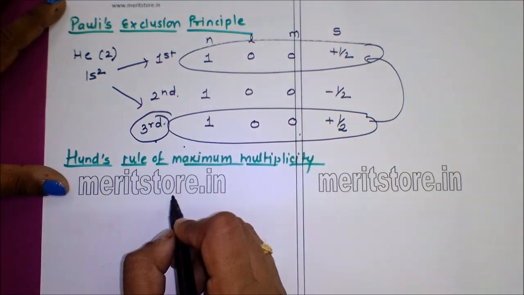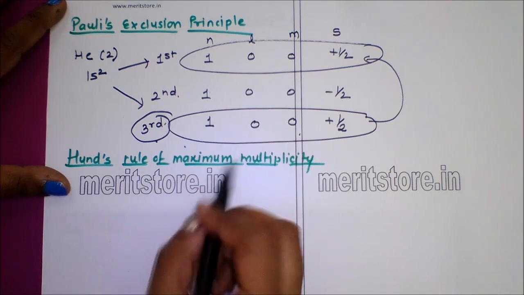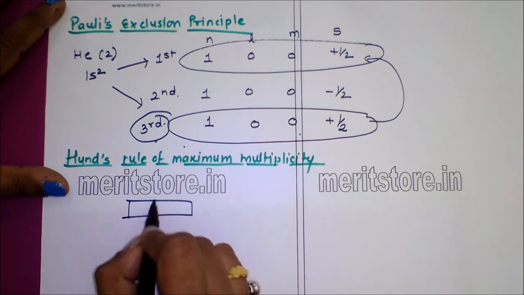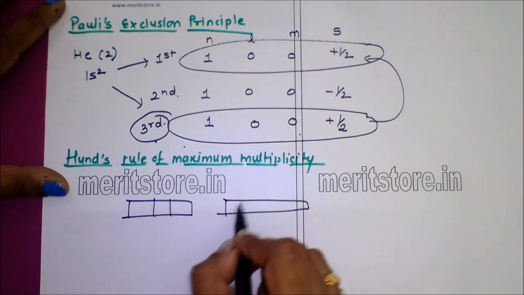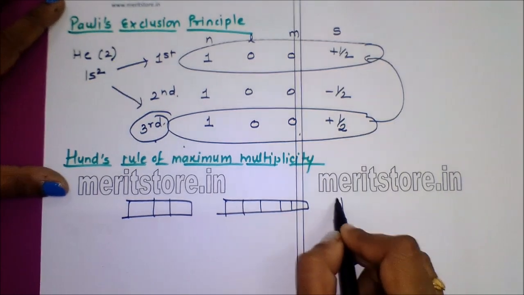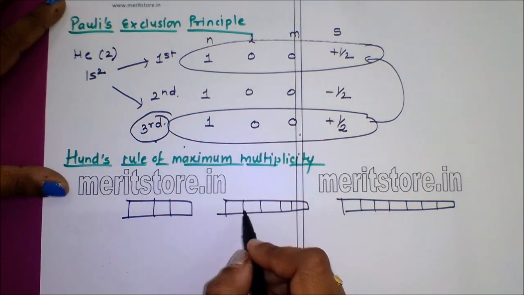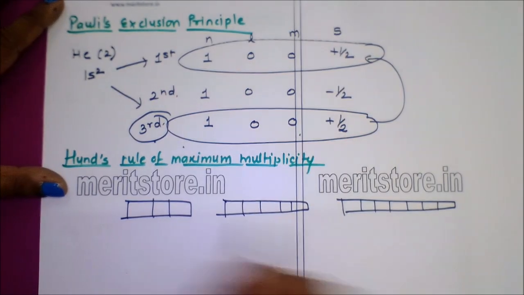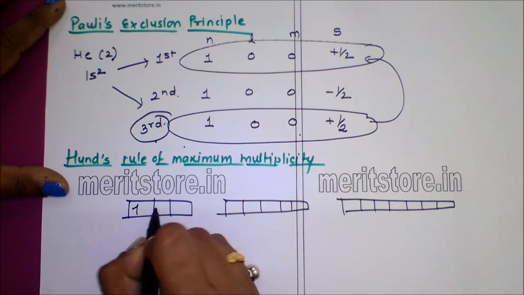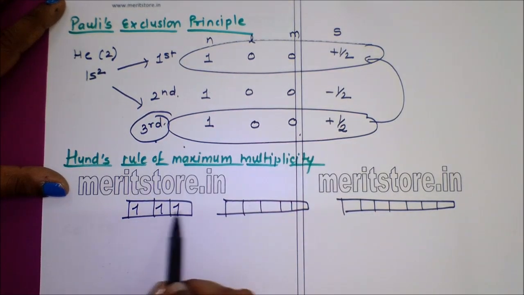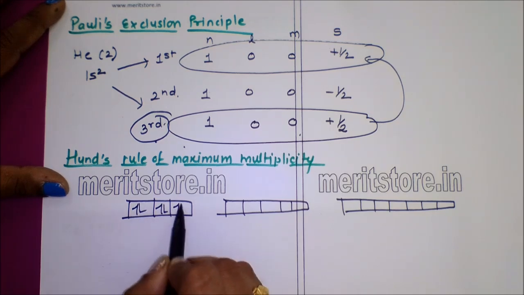The next principle is Hund's rule of maximum multiplicity, where it says that when you are filling the electrons in case of p, which has 3 orbitals, in case of d, which has 5 orbitals, and in case of f, which has 7 orbitals, the pairing will take place only if each orbital is filled with 1 electron each, and then the pairing will start.